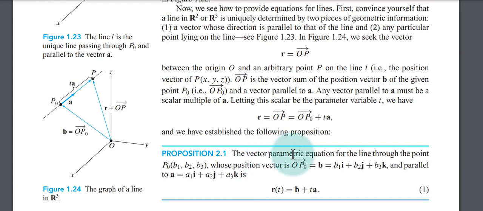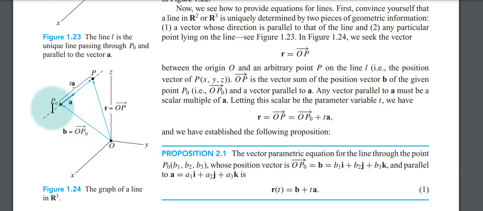And what do they call this? The vector parametric equation. It is parametric in the sense that it does have the t in it. For the line, what line? The line through a given point. We want this point, so that's going to give us this vector b to get to that point. The line through the point P0, and this is all taking place in 3-space, so we need a triple, whose position vector is OP.